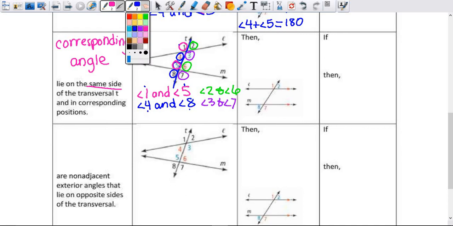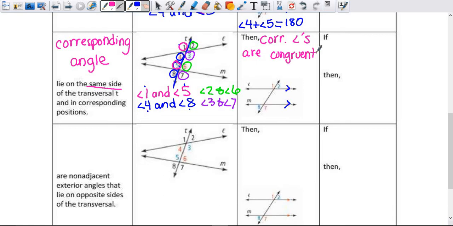So what we know about corresponding angles: if those lines are parallel, then corresponding angles are congruent. So I would know that angle 1 is congruent to angle 5, that angle 4 is congruent to angle 8, because I'm reading my pairs from right over here.